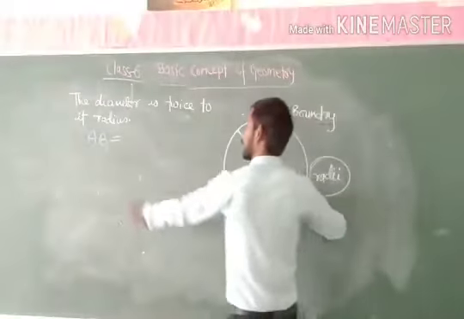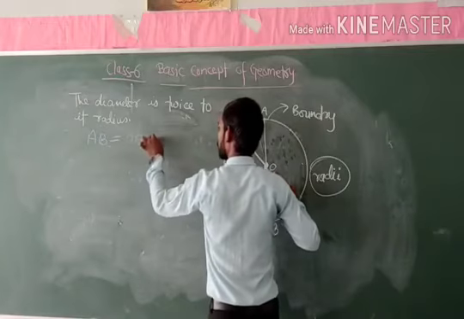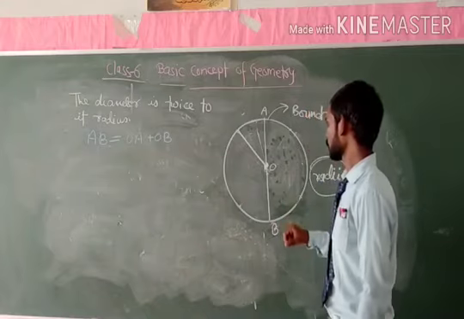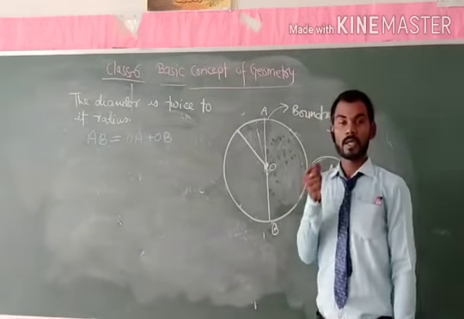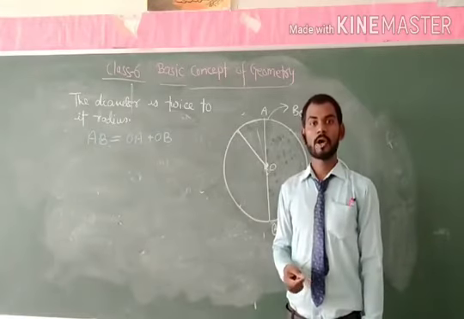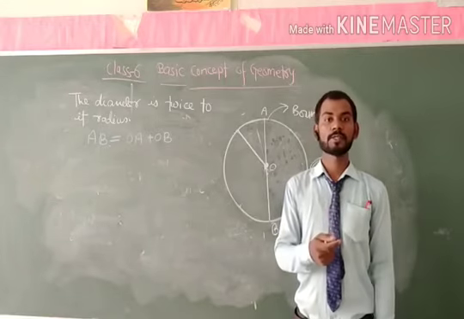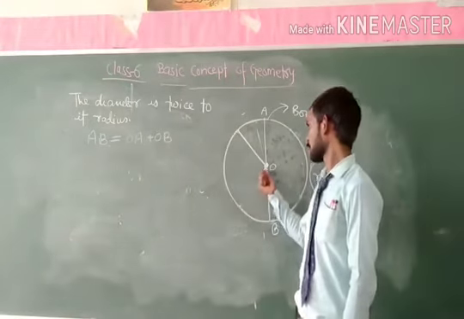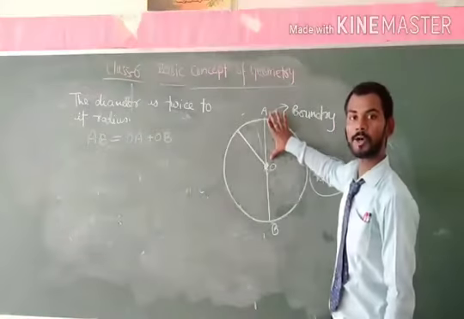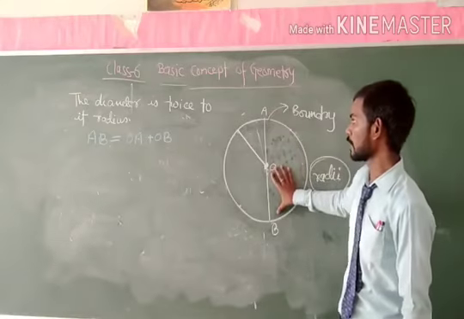So we can write AB equals OA plus OB. And also we know that every point of the circumference, or of the boundary, is at equal distance from the center, so the distance OA is always equal to the distance OB.